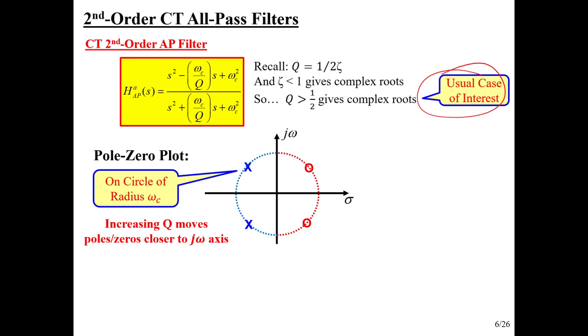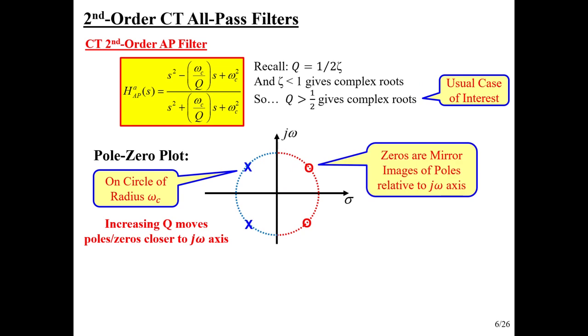And if we analyze this up on the top, we'll see that we get zeros over here. And yes, all of the poles and zeros will lie on a circle of radius omega c, and the zeros will be mirror images of the poles. So we saw that for the first order case, and now we're seeing it for the second order case.